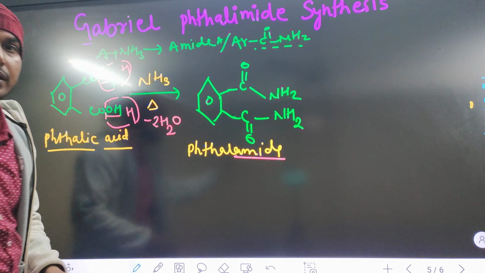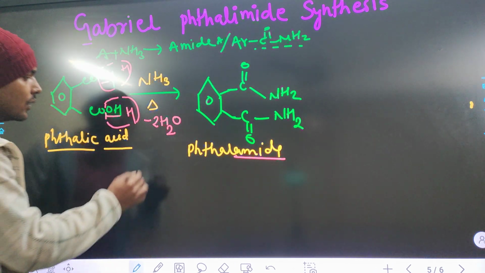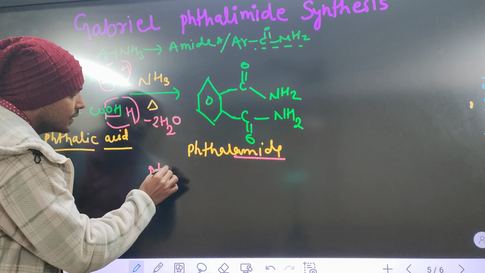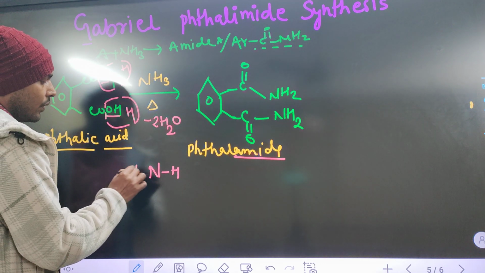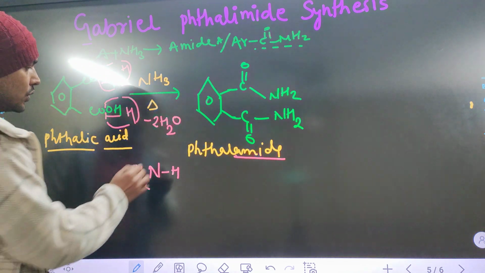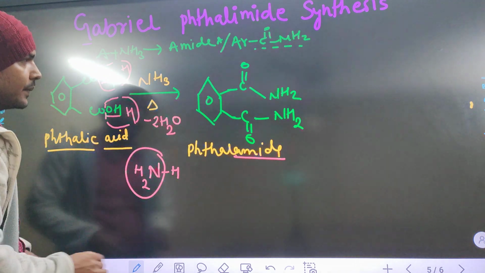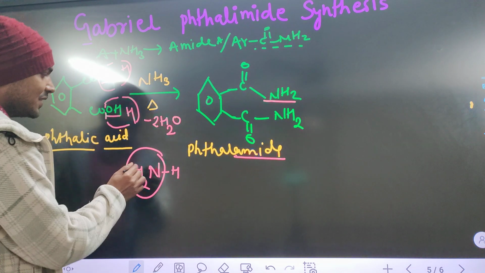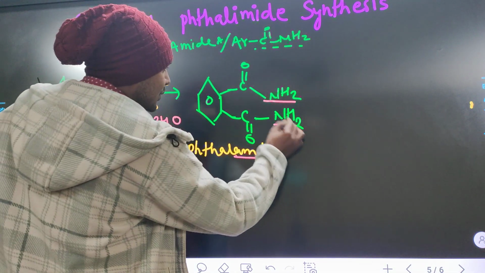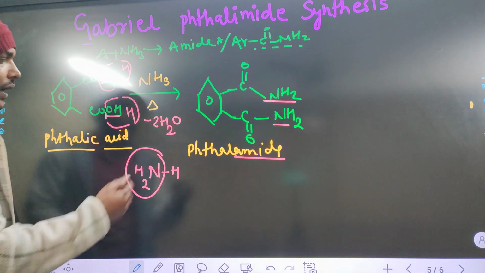Now I am elaborating the structure of ammonia. We can write ammonia like this, NH2 like this. This same group is here also. So what happened to the H?